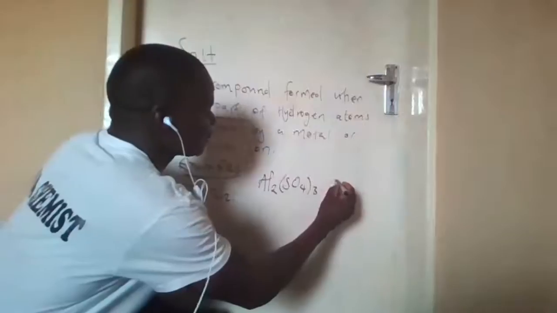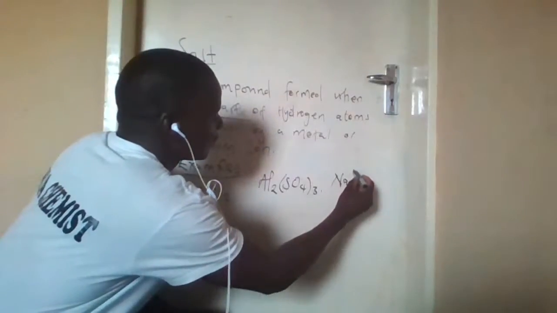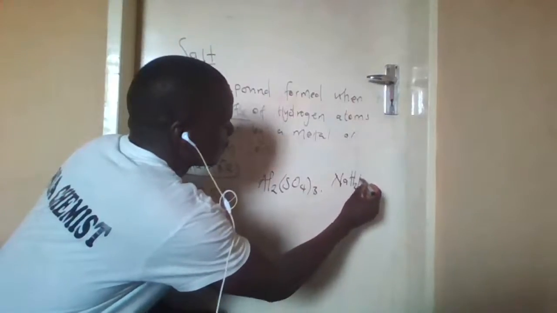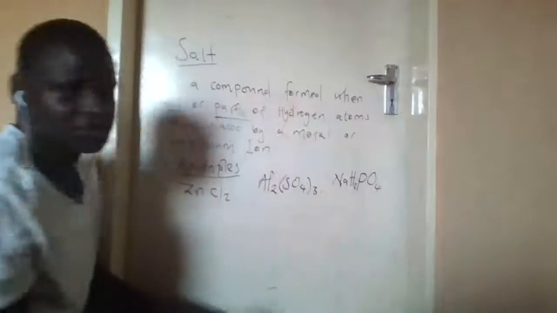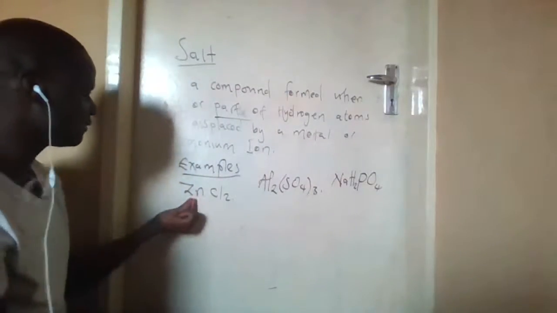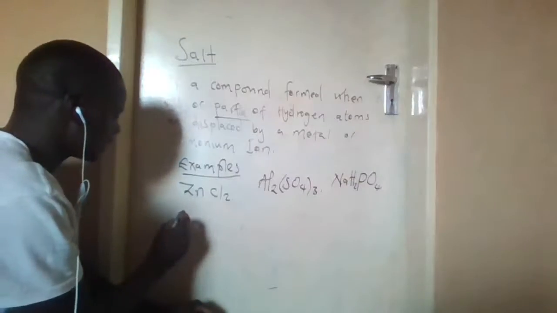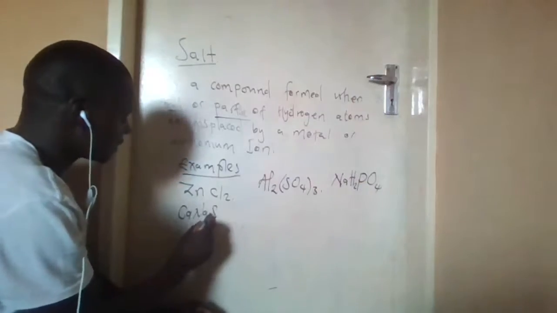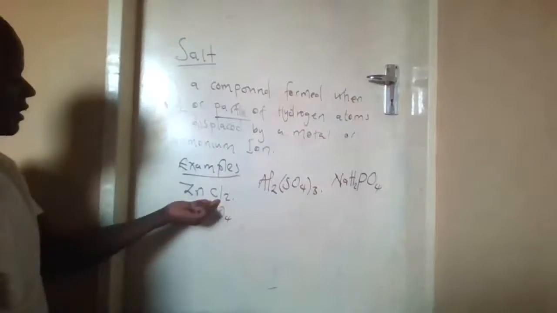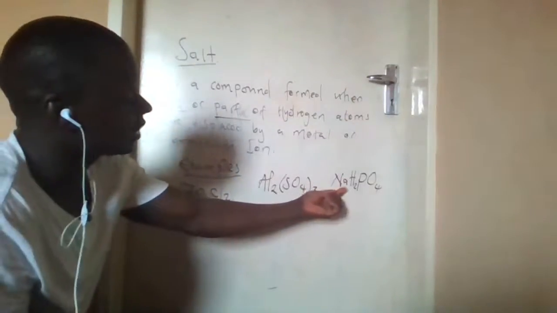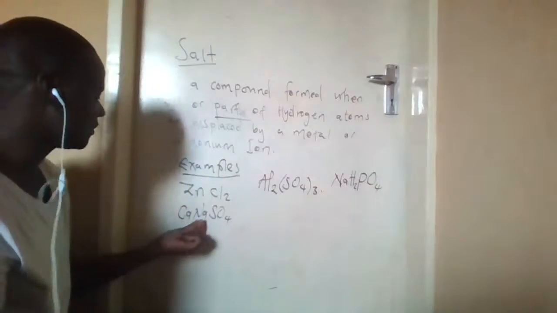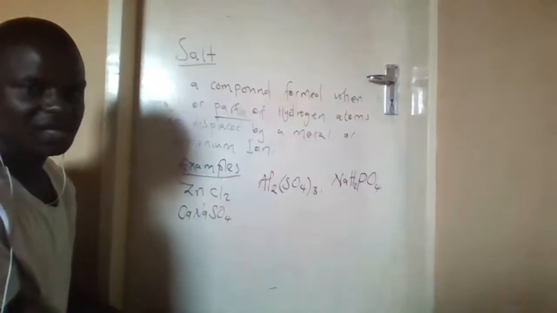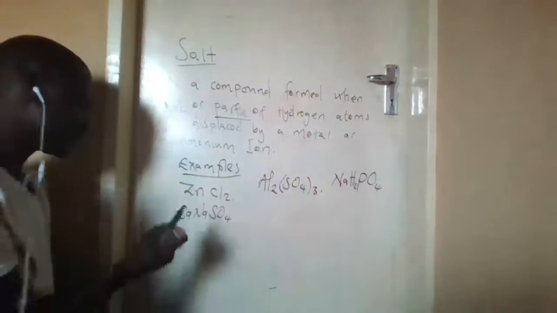We can also have sodium hydrogen phosphate, which is another type of salt. We can also have calcium sodium sulfate. So we have zinc chloride, aluminium sulfate, sodium hydrogen phosphate, calcium sodium sulfate. These are examples of salts for now.